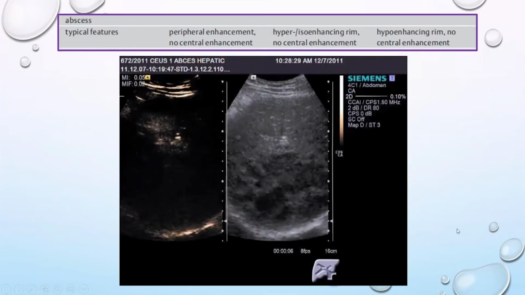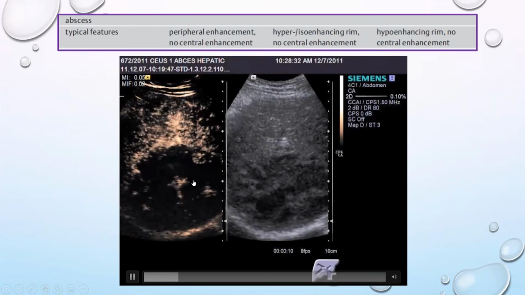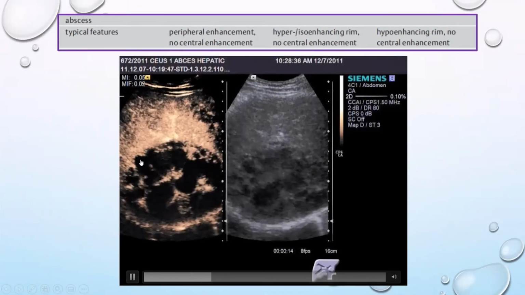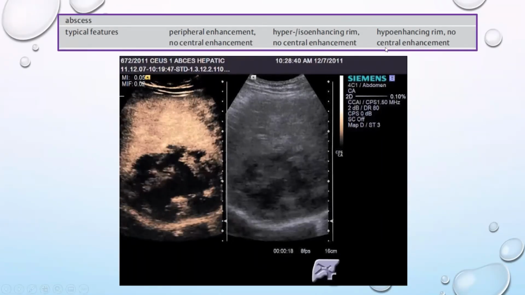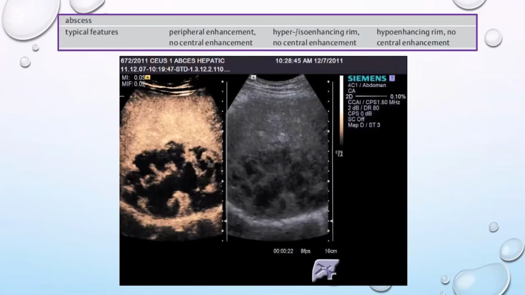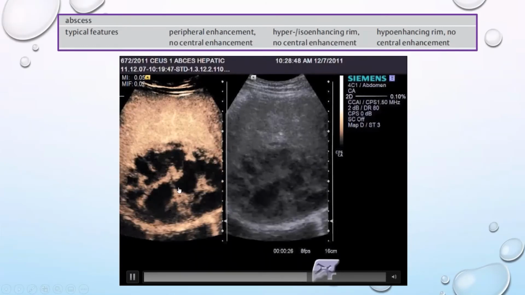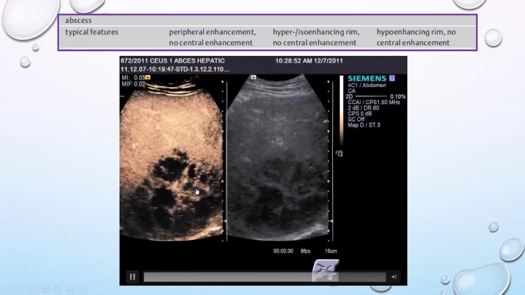And when you do the contrast study, if you have this enhancement with septations inside that are enhancing in the arterial phase with the aspect of a honeycomb appearance, while in the late phase sometimes there is a little bit of a hypoenhancing rim, but the central part remains without enhancement in all phases, you have the positive diagnosis of a liver abscess.